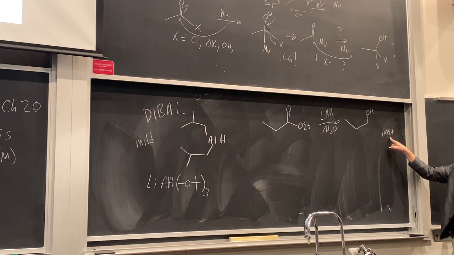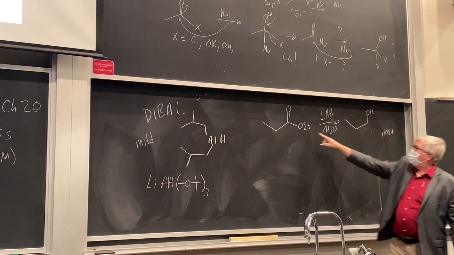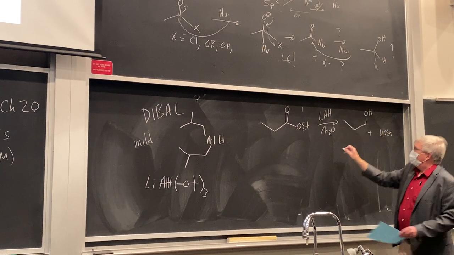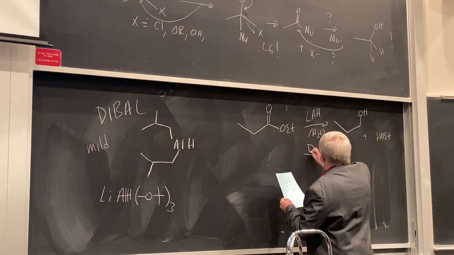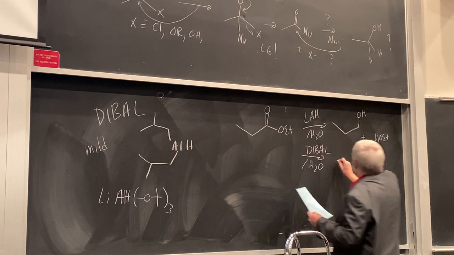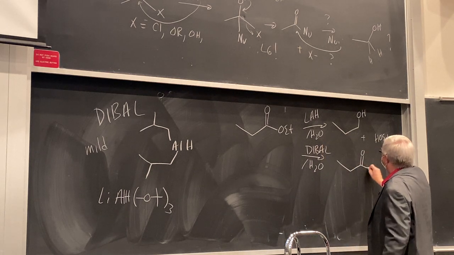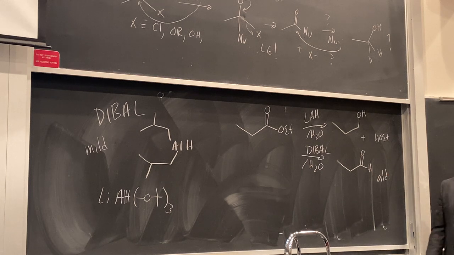If it's a small alcohol, we don't worry about it. But that's the main thing here. Notice that's where the carbonyl is, right there. If we react this reagent instead with DIBAL, and then quench with water, look at this. We stop at the aldehyde. Okay. And that's kind of a neat reaction.